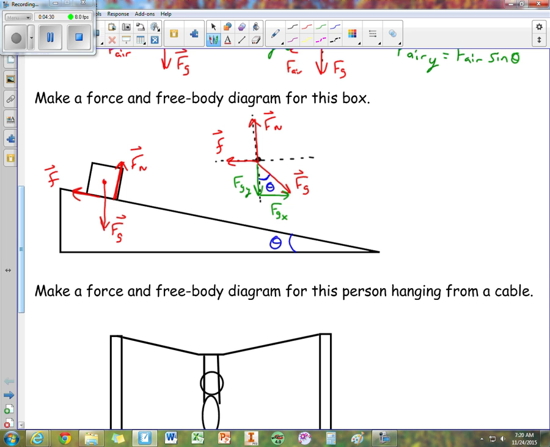And this time, to calculate FGx, hypotenuse, trig, angle, it would be FG times sine of theta, and FGy would equal FG cosine of theta. So notice that what is opposite theta and what is adjacent to theta dictates whether you use sine or cosine.